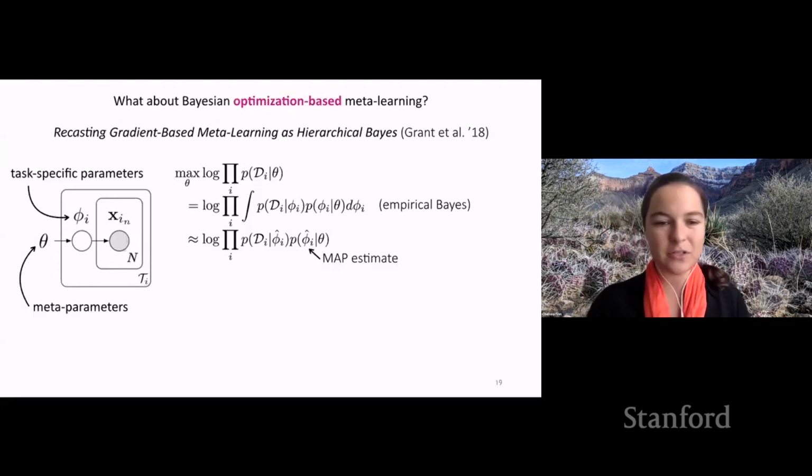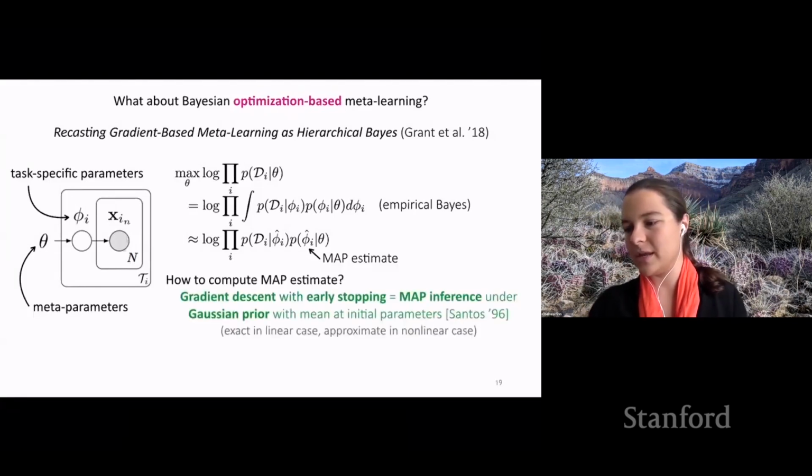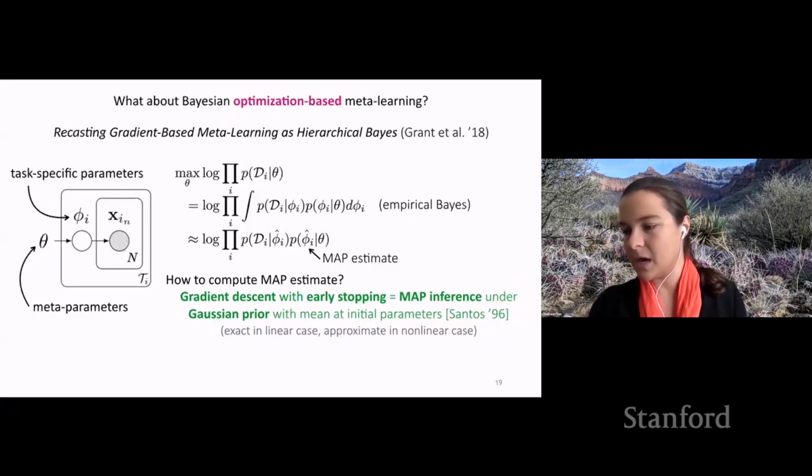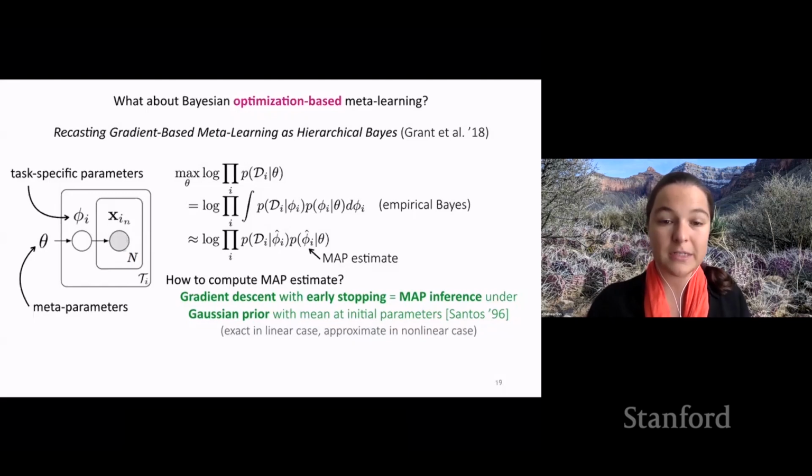But under this crude approximation, you can essentially show that MAML corresponds to doing inference in this graphical model because of this prior result here. This prior result said that gradient descent with early stopping corresponds to MAP inference under a Gaussian prior with the mean at the initial parameters.